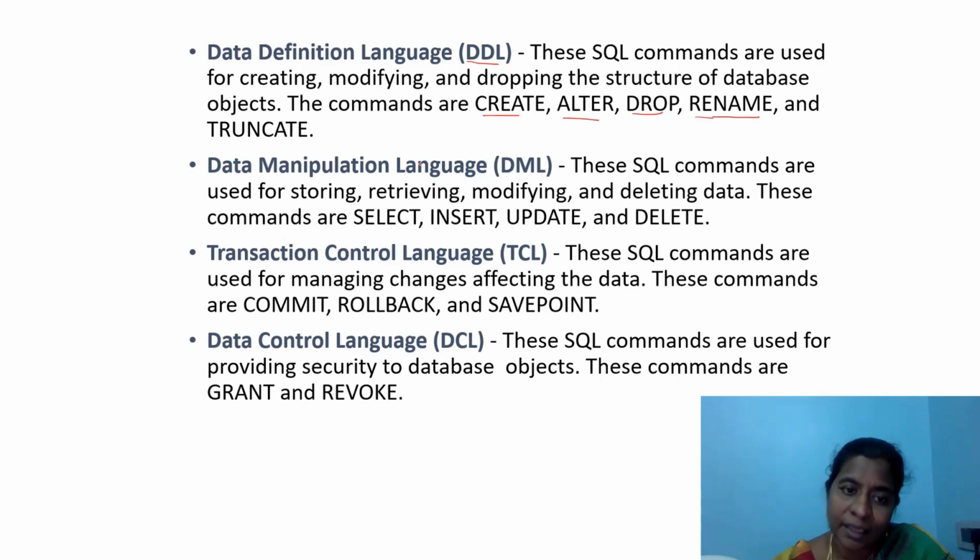And finally, the data control language. These commands are used for providing security to the database object. Whenever you create a table, you are the owner of the table, and only you can access it. Nobody else can access the table; the DBA can access it, but otherwise other people cannot.